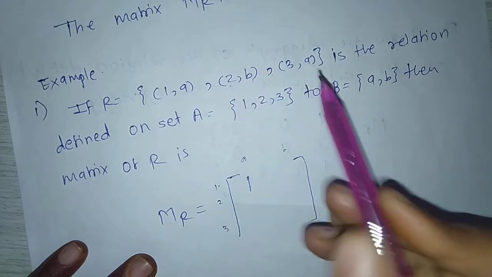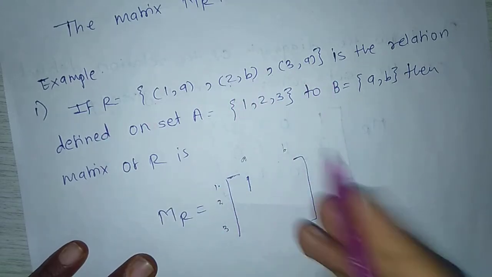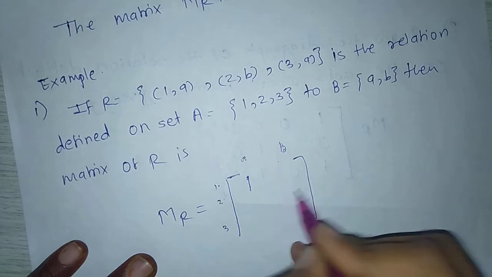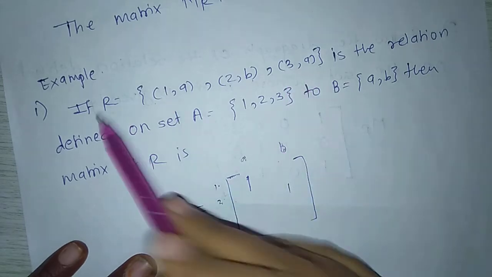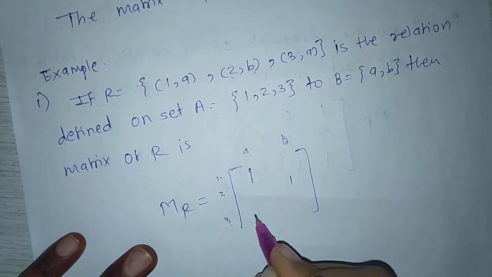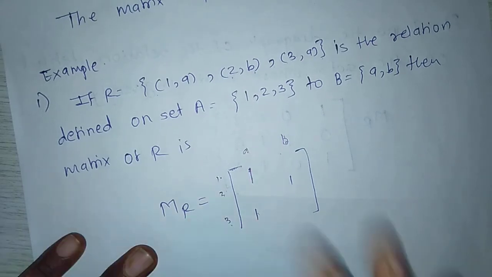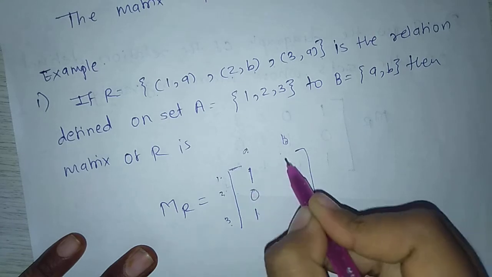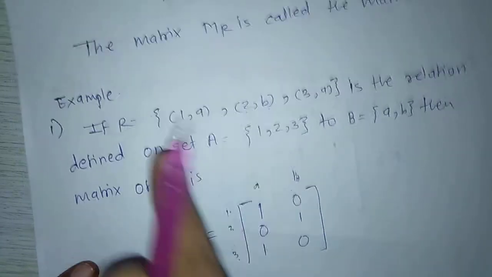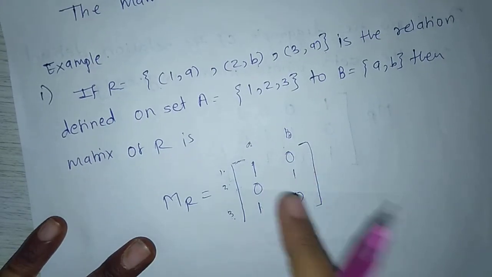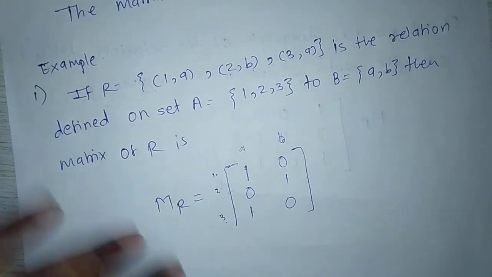Similarly, (2,b) belongs to R, so this entry must be 1. Next, (3,a) belongs to R, so this entry must be 1 and other entries are 0, because (2,a), (1,b), (3,b) do not belong to R. So these entries are nothing but zeros.